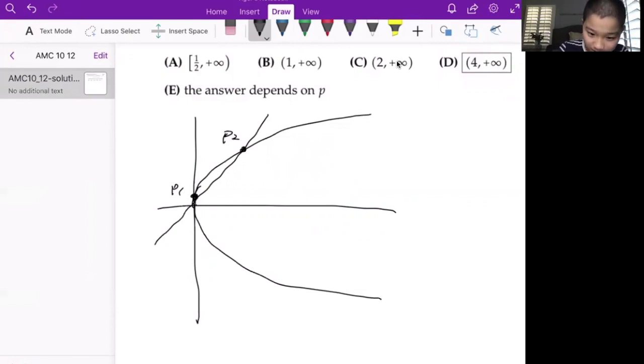And then these lines, I'm going to draw the blue one as k1. The blue one has slope k1, and then the green one has slope k2. And then, well, let's suppose the y-coordinate of P1 is y1, and the y-coordinate of P2 is y2.